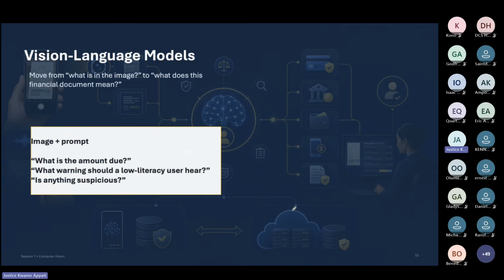I pick it up, I add them together, and I guide my model to be able to tell me the amount due and not everything in there. Of what relevance is that information to me?